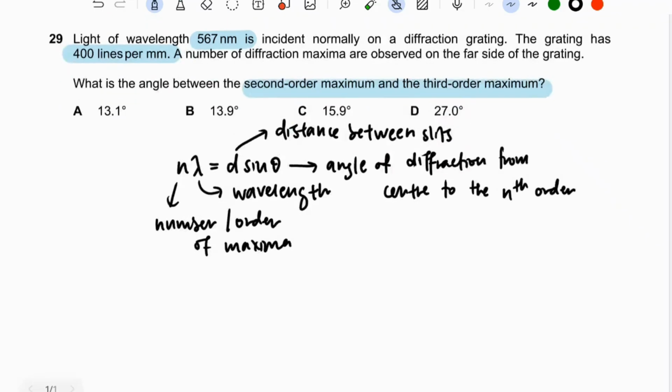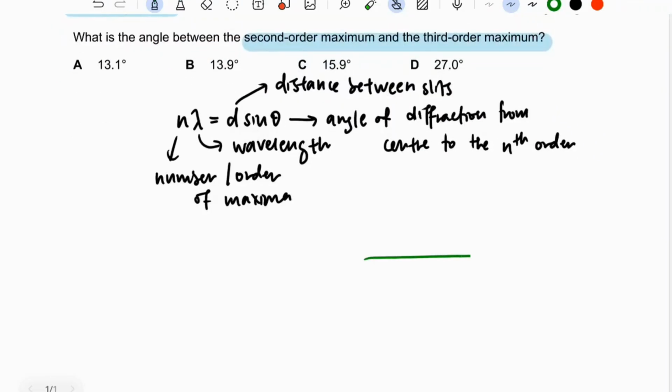So to put it simply, if I were to draw, this is the 0 order, right? The 0 order. So let's say we are looking at the second order. So this would be your theta, from the center, the central order, to the second order.